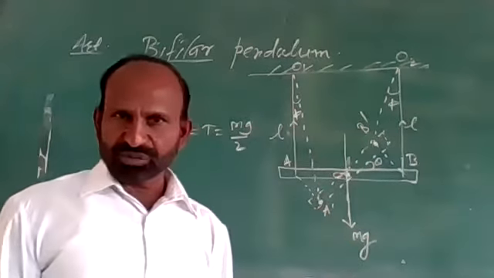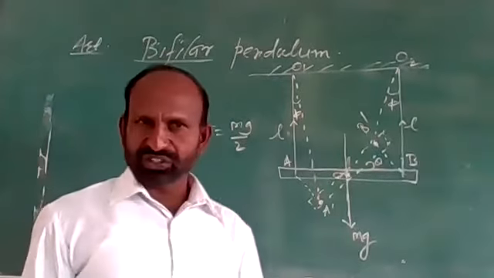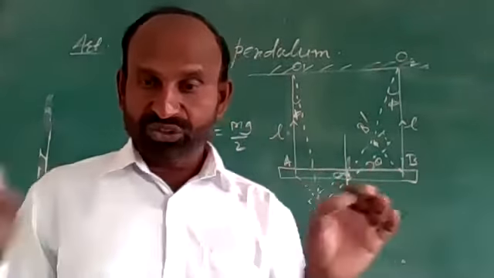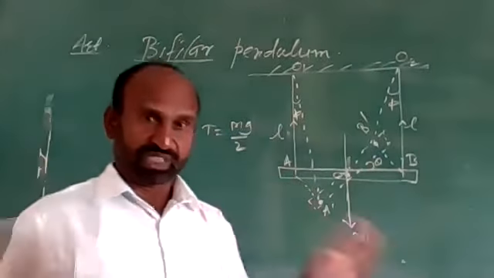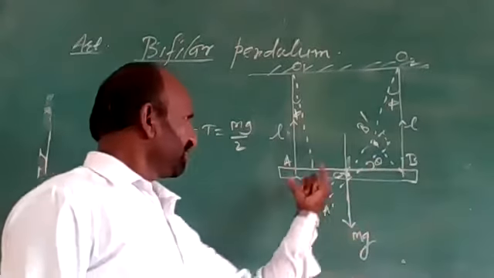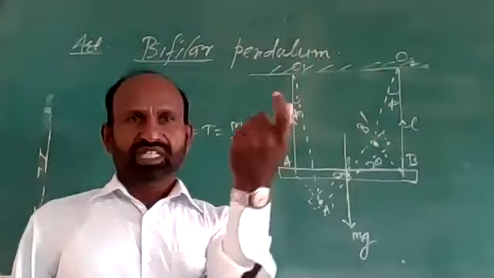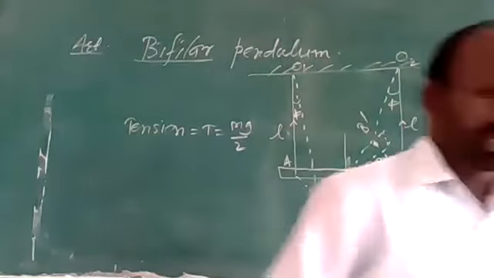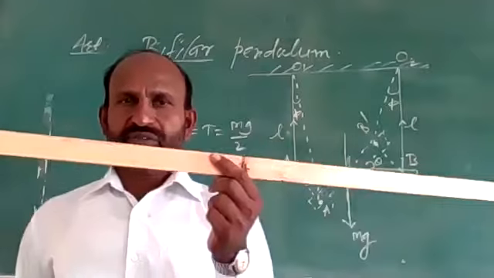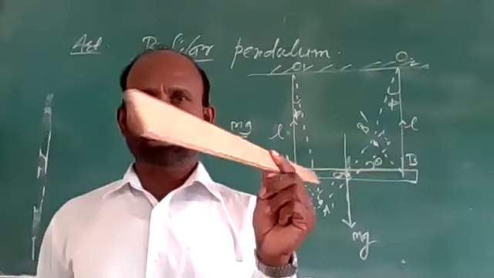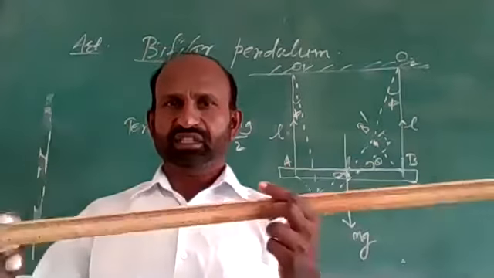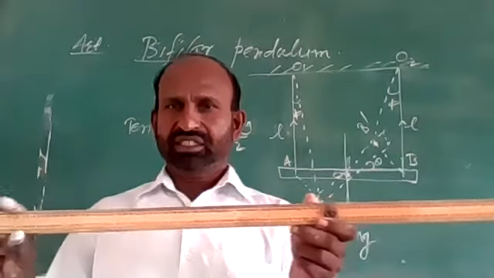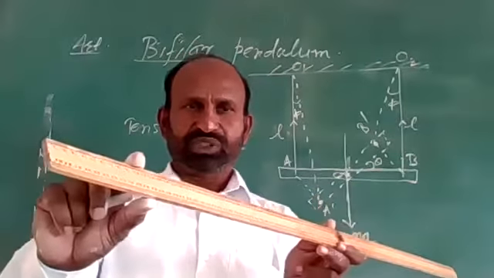Now here in the figure, it is seen that this thread takes this position. It seems that this thread is extended, but actually this does not happen. Threads are inextensible. There is no increase or decrease of the length of threads. When we displace the bar through a small angular displacement, from the initial position it takes a new position.